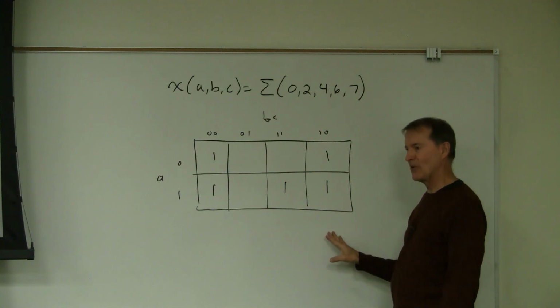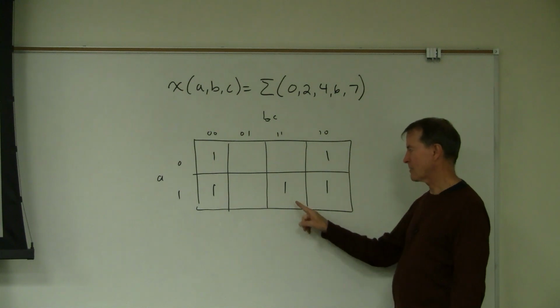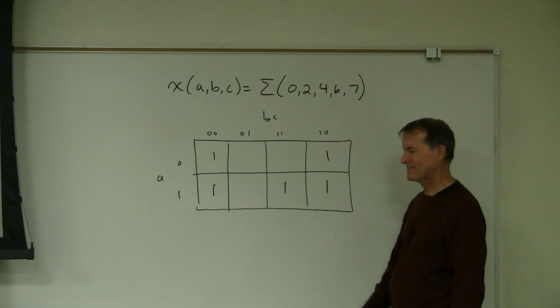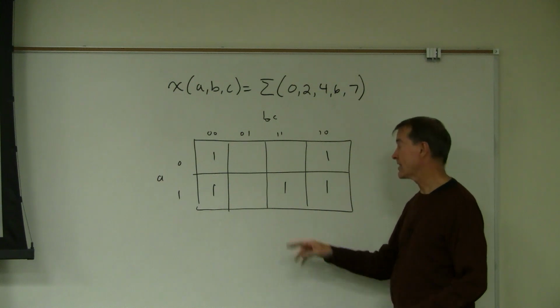Now, the question though is, how did you minimize? First of all, what about this little one right here? That's ABC. Oh, it is ABC.